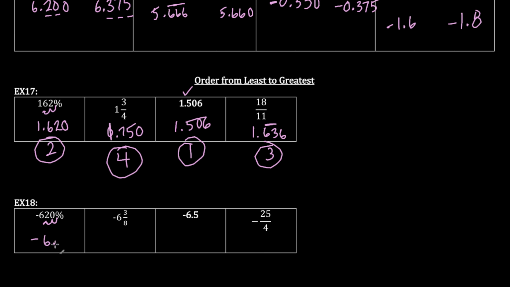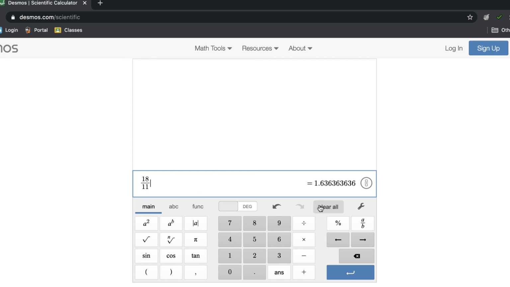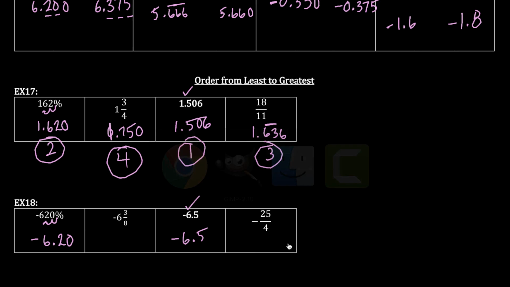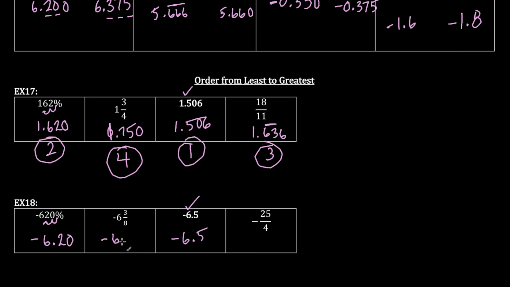Okay, last one. So decimal here, 2 to the left. So negative 6.20 hundredths. Let's bring down this one. This one's already good. So 3/8 is 375, negative.